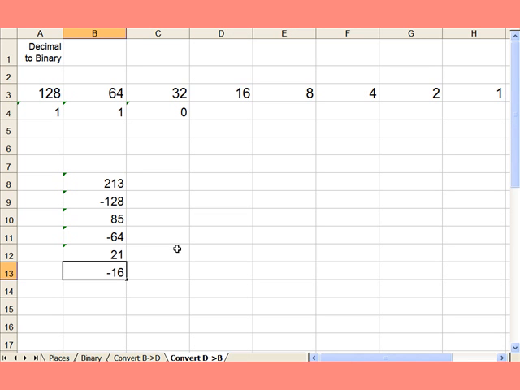Subtract the 16, and we have now 5 left to represent here. No 8s, a 4 and a 1. So it starts to get easier towards the end. 1, 1, 0, 1 space 0, 1, 0, 1.